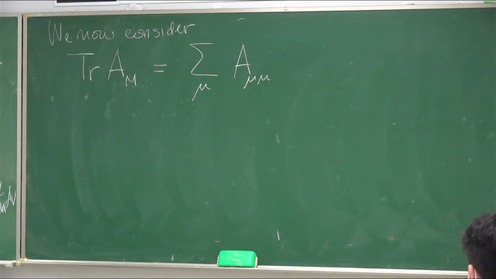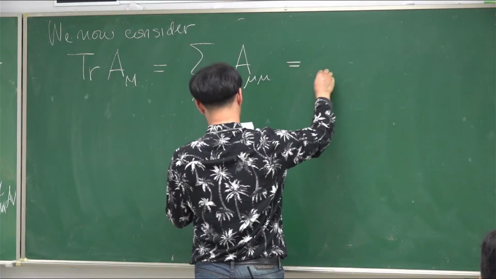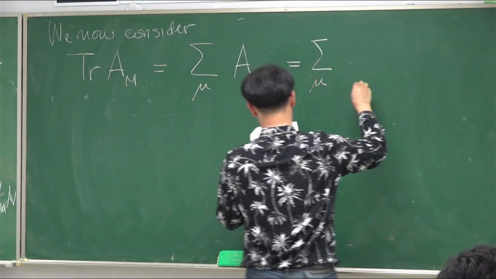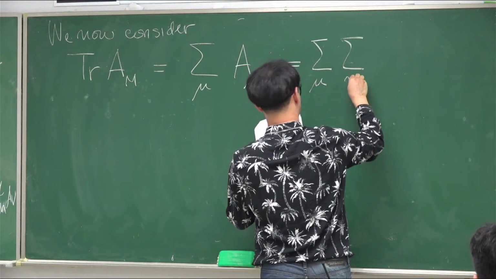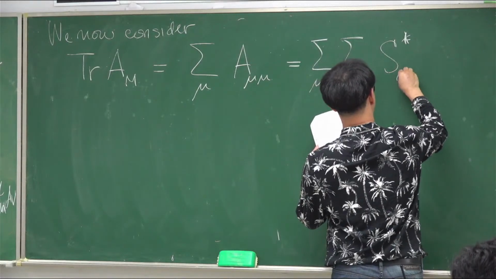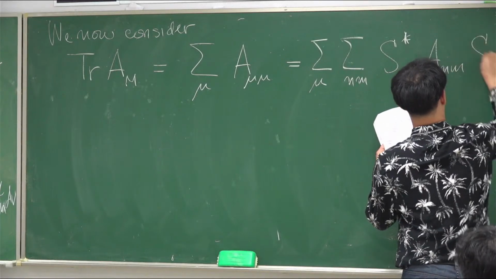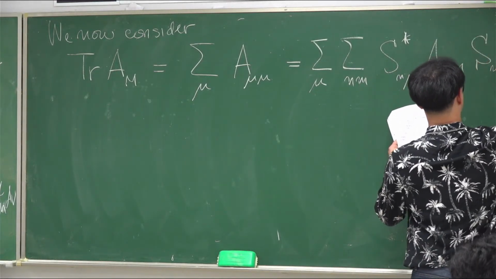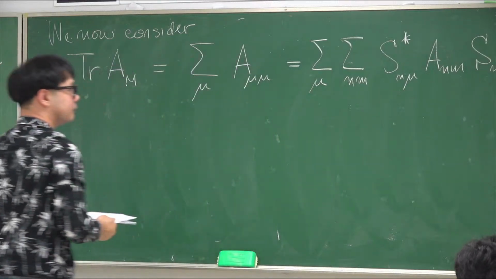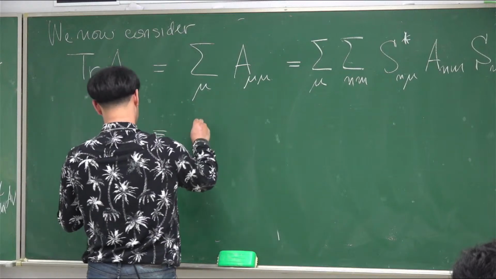It's the sum of the diagonal. And then you change the representation to the L operator by employing this kind of matrix.